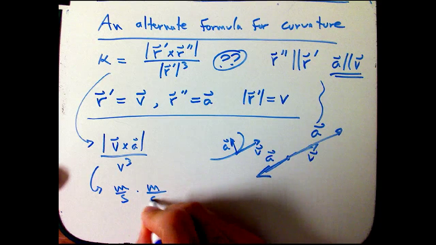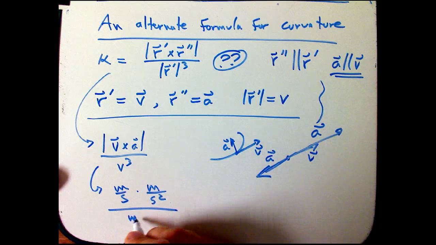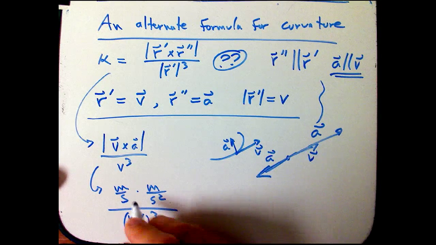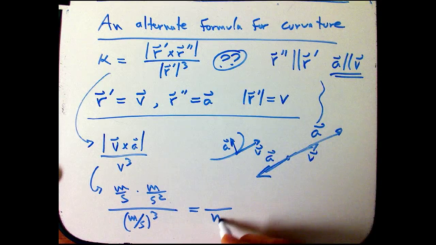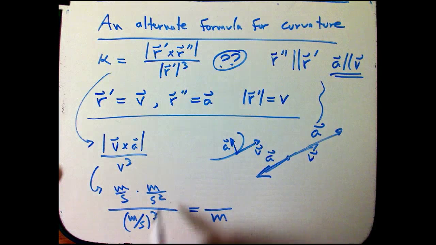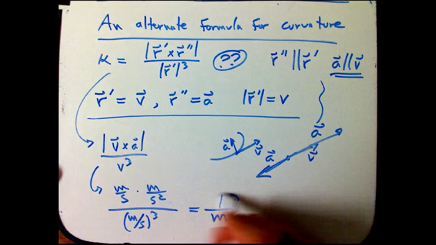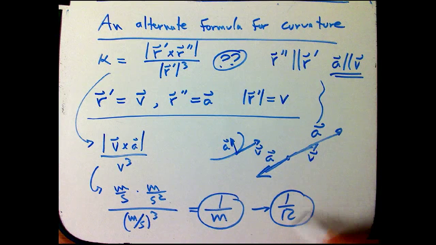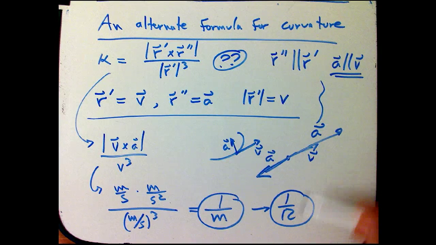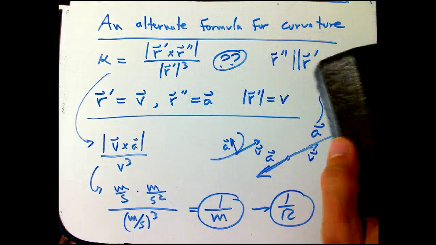This would be meters per second squared on the top, divided by meters per second all cubed. And what do we get? We have one extra meter on the bottom, but then we get per seconds cubed, and we just get 1 over distance. Remember that formula, the kappa is 1 over the radius of curvature. It has units of inverse length, and so the units are correct. So it's not totally implausible that this would happen.